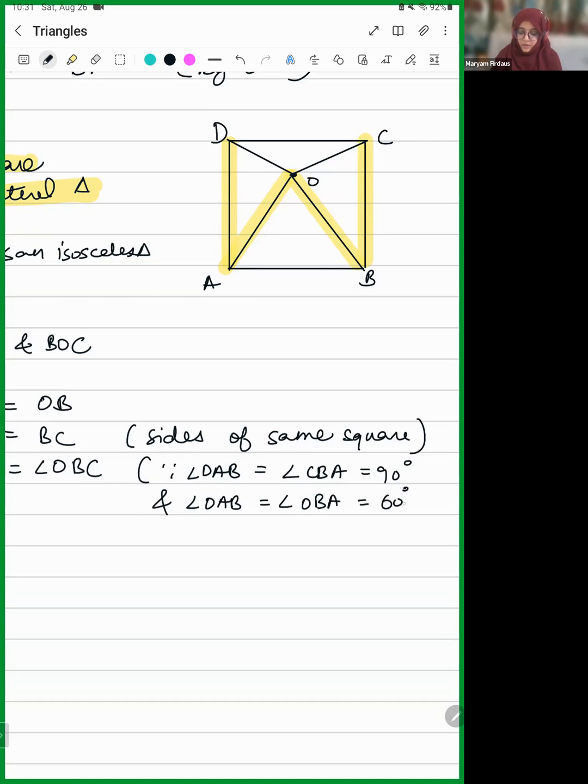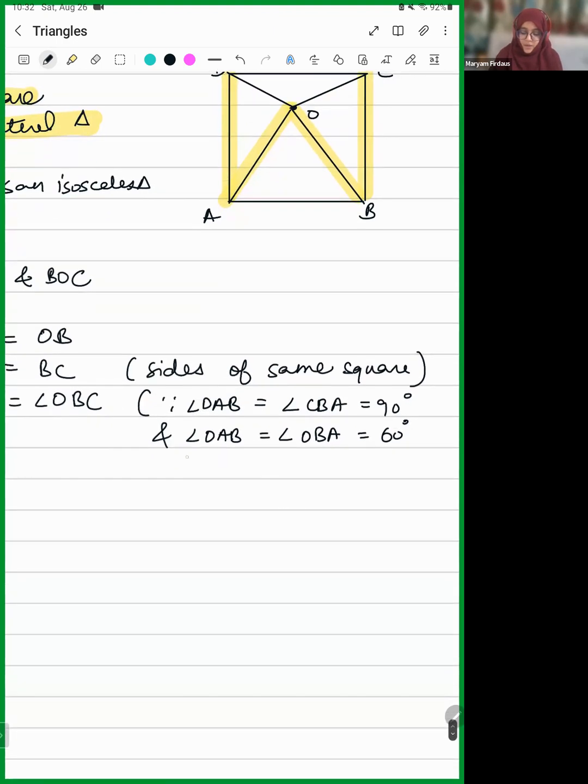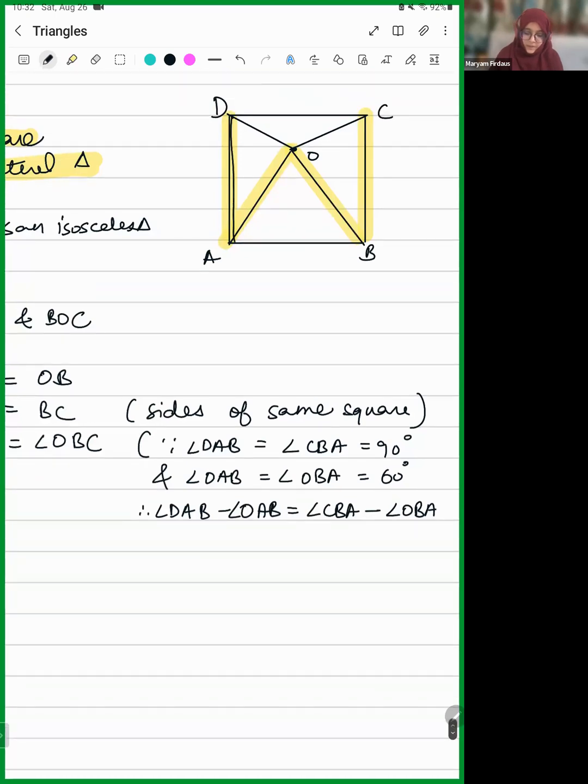So therefore, the first equation minus the second equation, DAB minus OAB is equal to angle CBA minus angle OBA is equal to 30 degrees.